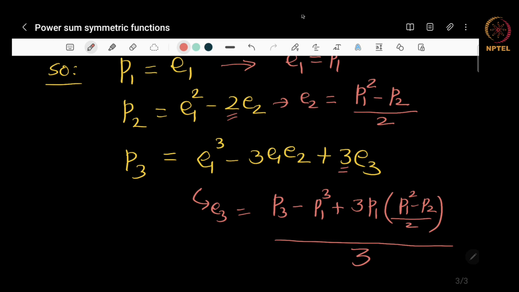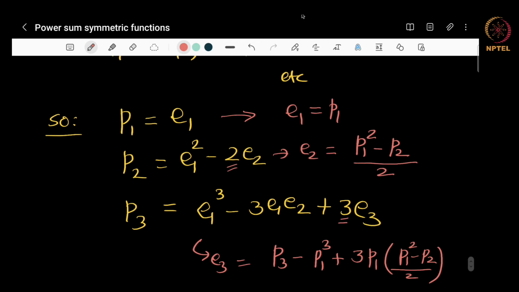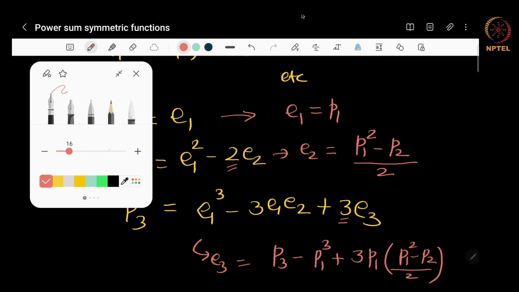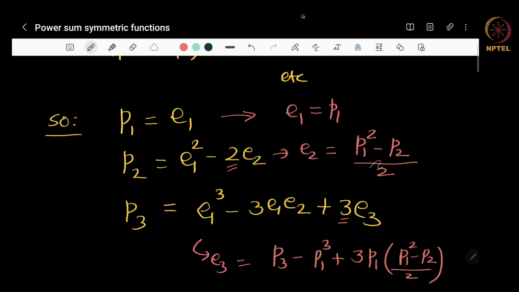So what this says is that I can write the E_n's in terms of the P_n's. And recall that, just like in the earlier case, that establishes that the P's also form a basis. But the important thing here is that you're going to end up with not all integer coefficients, but rational coefficients.